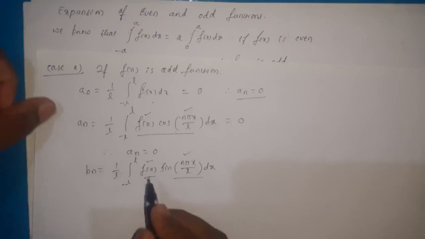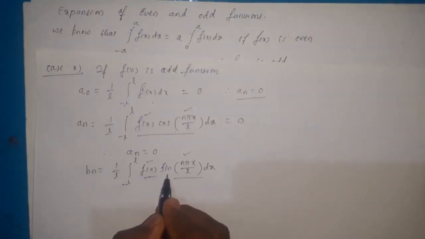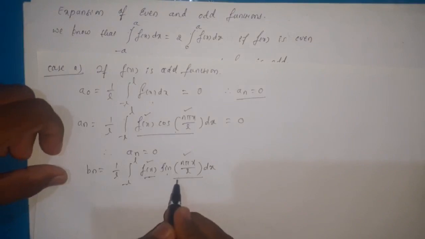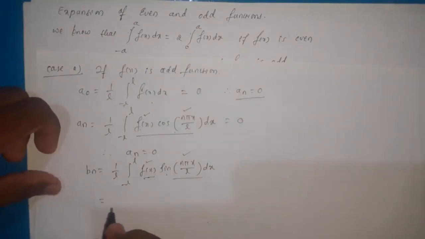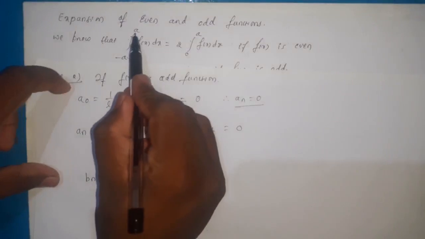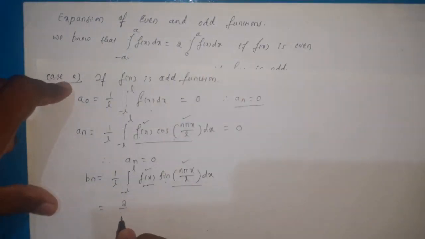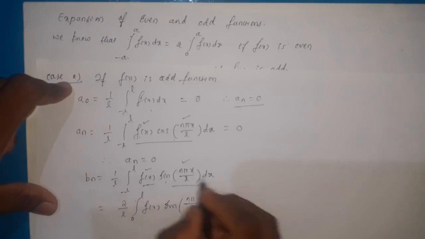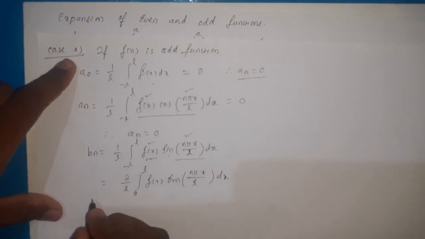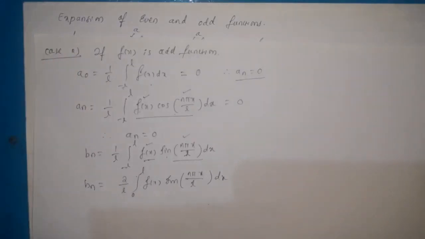So now f of x into sin n pi x by L is an even function, and if the function is even, then the integral from minus a to a can be written as 2 times the integral from 0 to a. So therefore Bn becomes 2 by L integral from 0 to L f of x sin n pi x divided by L dx. This is the value of Bn for the Fourier series if the function is odd.